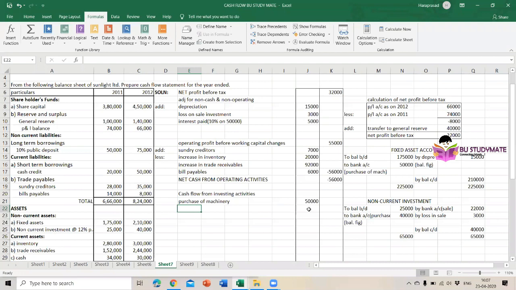How much have we made the purchase for? 40,000. Then the sale of that investment we have to write here. While selling, we got 22,000.